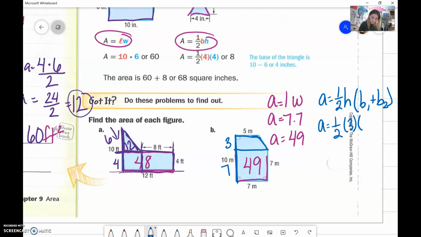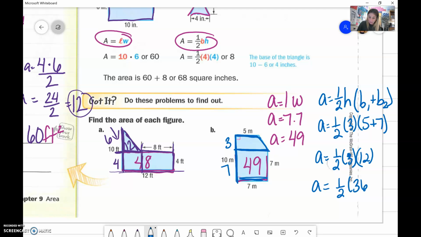And then my base 1 is labeled for me, which is 5, plus my base 2, which is the same length as this one, which is 7. So now let's go in and solve some more. Area equals 1/2 times 3, and then 5 plus 7 is 12. And now I have area equals 1/2, and I do 3 times 12, which is 36.